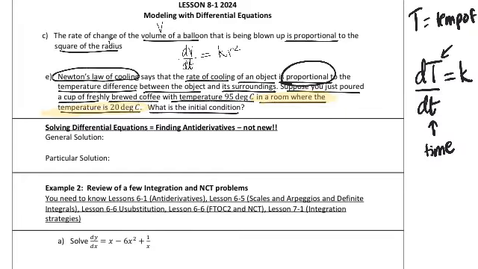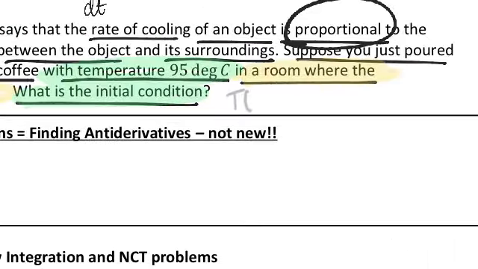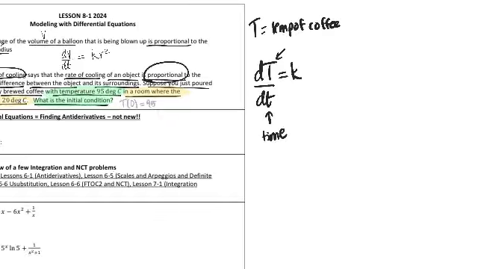The coffee is initially at 95 degrees. So the initial condition is that the temperature of the coffee at time 0 is 95. This would be my initial condition, and the equation would be dT/dt is K times the difference between the temperature of the coffee and the room temperature, right?